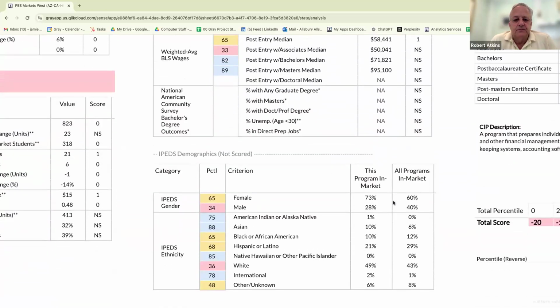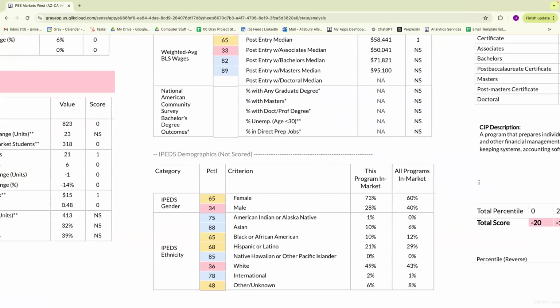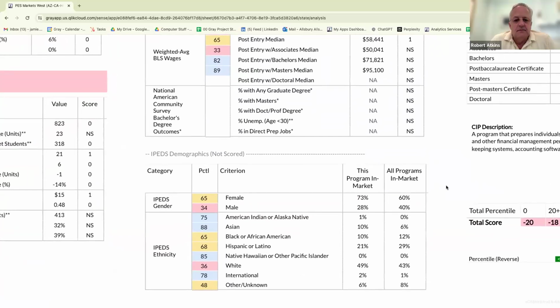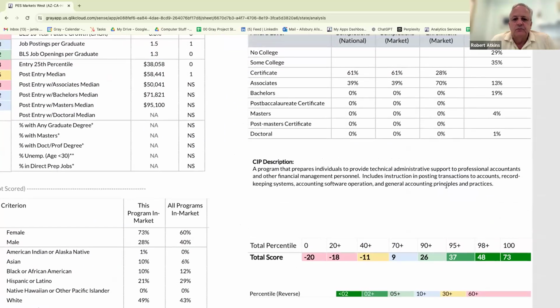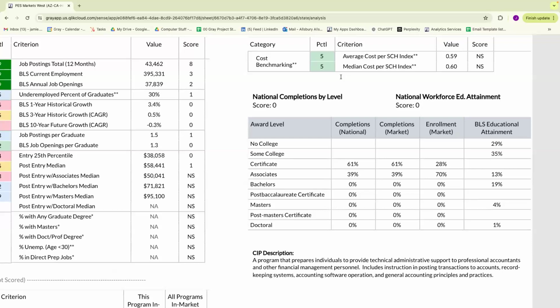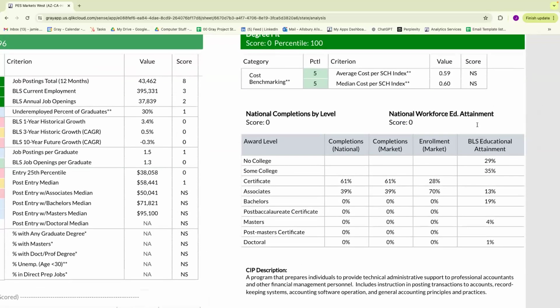Yeah. And it skews female. What's that? It skews female. Yes, it does. Interesting. And then I like to look at this. This is my favorite chart, looking at where people are working and what their level of education is. Yep.